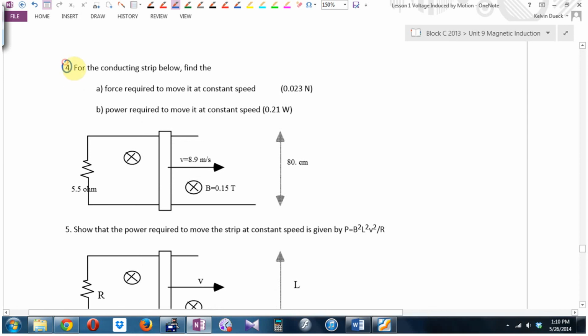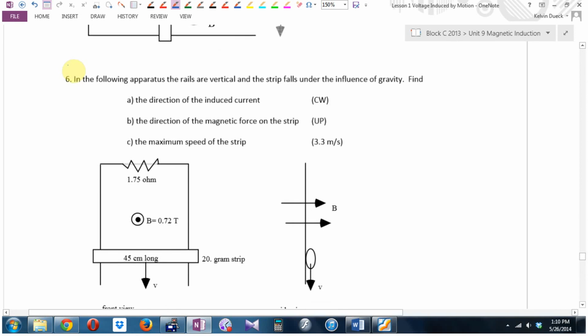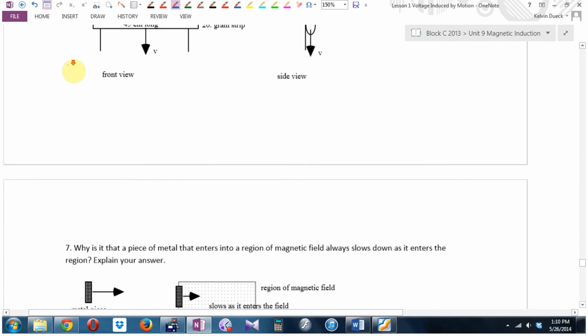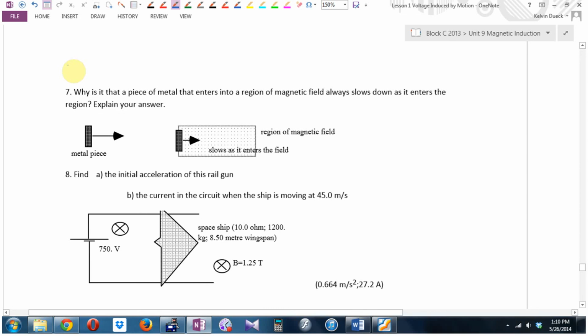You can try 4. That may be number 14 that I'm going to get to next class. 6 is cool, but 7 is good.